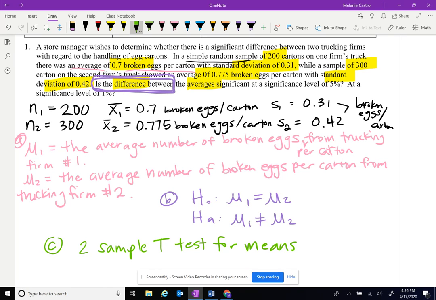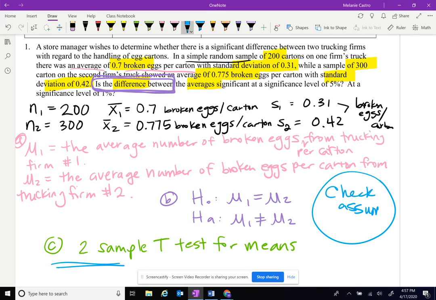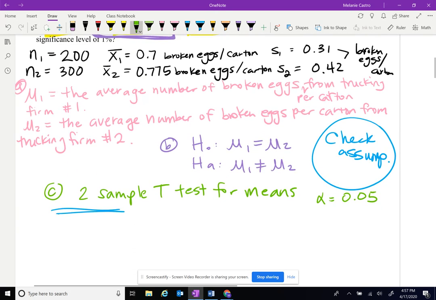And technically, we're kind of skipping around. Before you go through and do this actual test, remember there's that whole check for assumptions before you do stuff. Okay, so it's a two-sample test for means. When you're defining that stuff, also give information like alpha was 5%, and they also had another alpha of 1%.